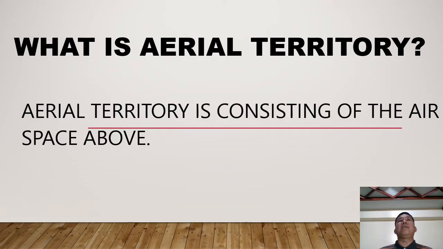As a territory, the sovereign state can enforce its laws within the state. For example, in the case of the Republic of the Philippines, above the terrestrial, above the fluvial and the maritime territory, the Philippines as a state can always enforce protection of its territory.